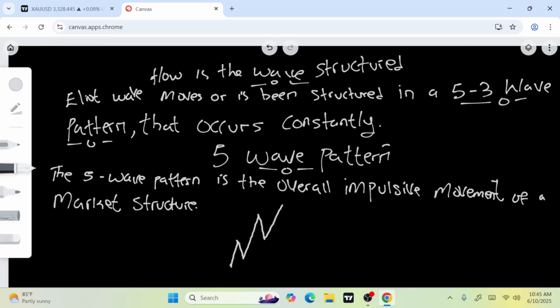Now, you have wave 1. This is your wave 2. This is your wave 3. This one is your wave 4. This is your wave 5. That is how we come about the 5 wave pattern.